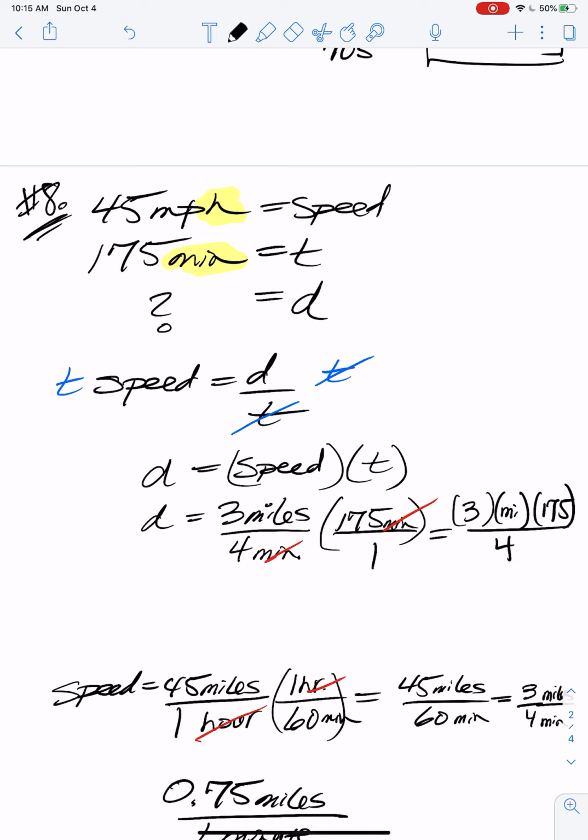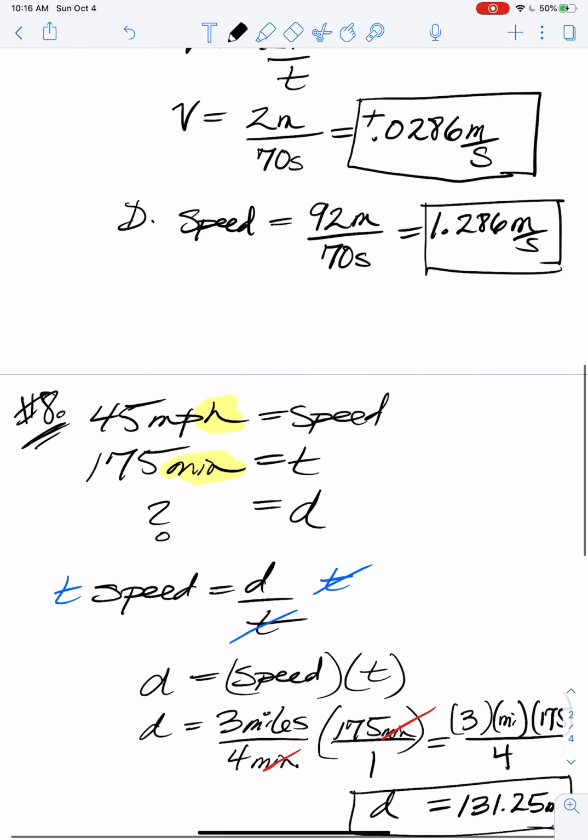Okay, so now we get the calculator, crunch that down. 131.25 miles. All right, done with that. Let's go to the next question.